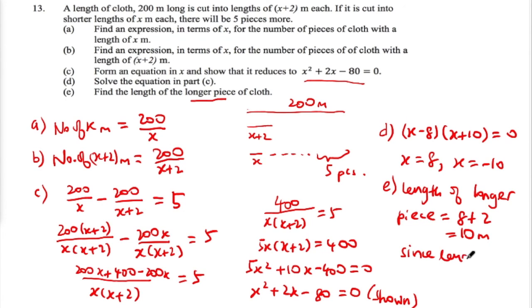Since length is not negative, we reject negative 10. That ends the paper.